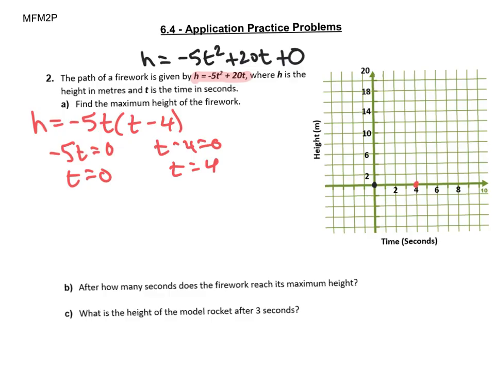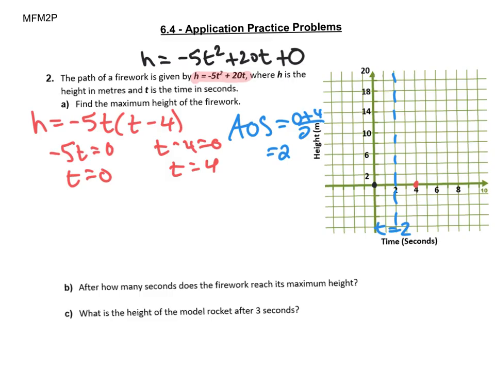So now we need to find the axis of symmetry. Well, the axis of symmetry, 0 plus 4 divided by 2 is 2. So our axis of symmetry is at 2 seconds. So we will use that to determine the y value of our vertex.